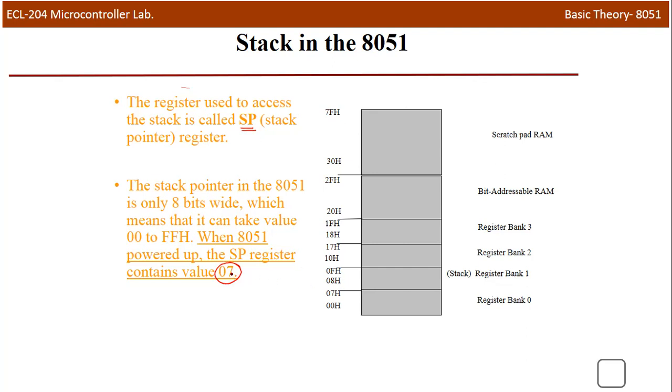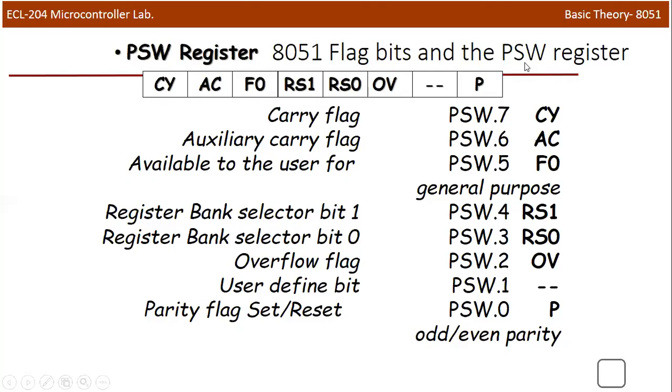If it holds 07, the first value loaded into the stack will go to 08. By default in the 8051 the stack memory is in bank 1, 08 onwards. So this is about stack memory.